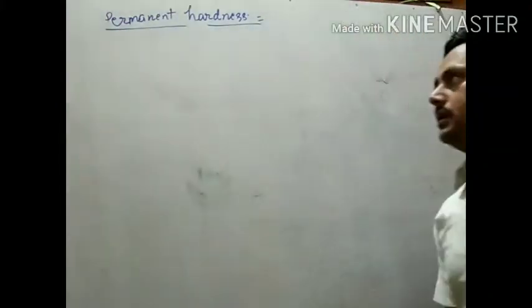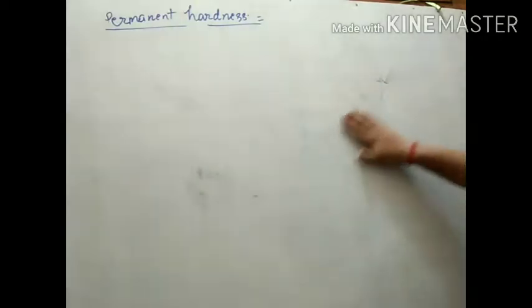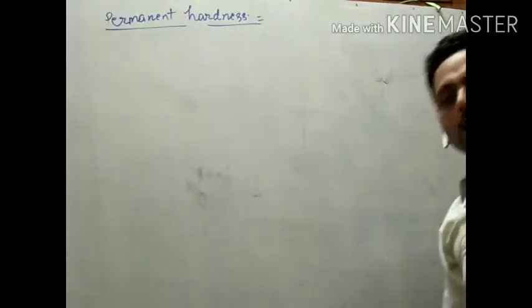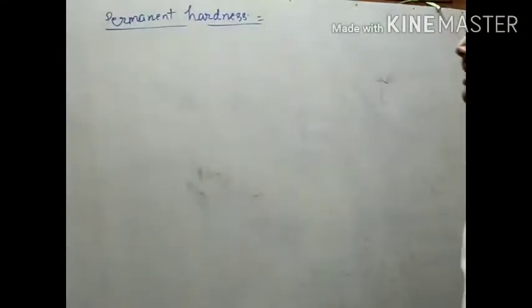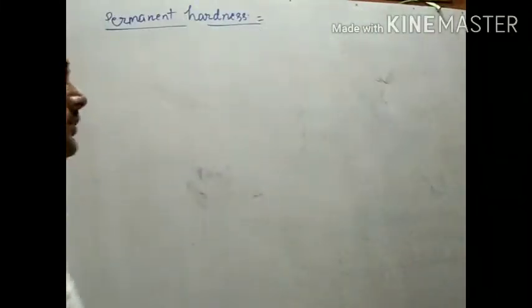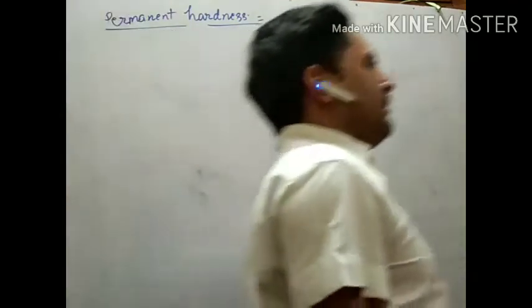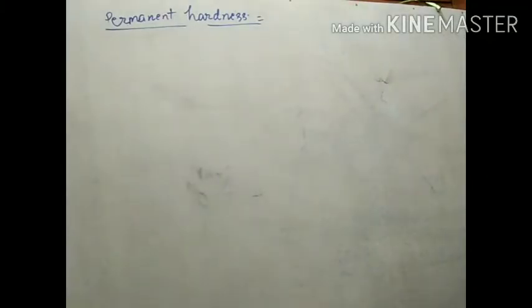The hardness of water is due to the presence of calcium and magnesium salts. But when calcium and magnesium salts are present in the form of chloride and sulfate, it causes permanent hardness.